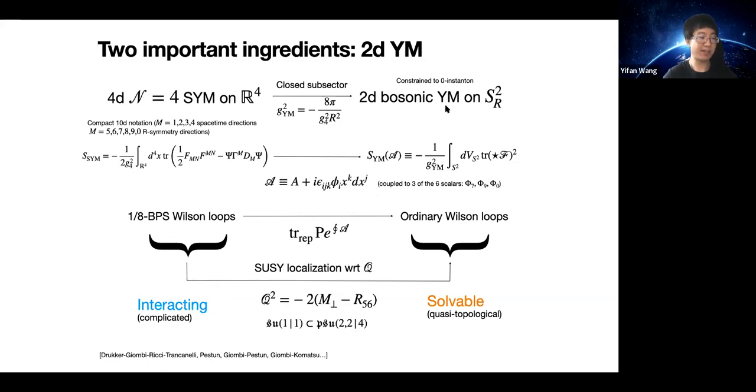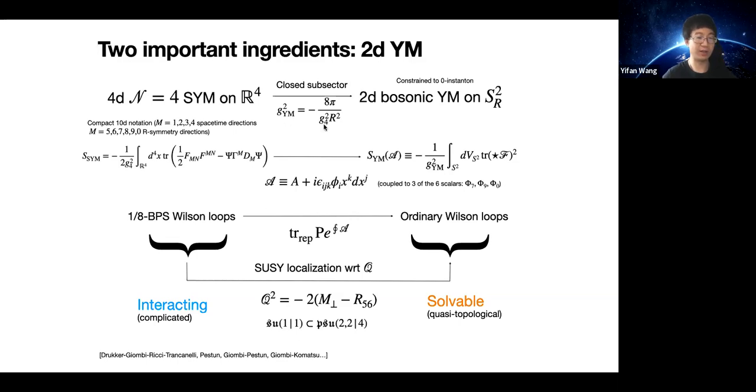I should also emphasize that the 2D Yang-Mills lives on the particular S2 of size R inside N=4 super Yang-Mills. This R is arbitrary, okay? But R enters into the relation between the 2D gauge coupling and the 4D gauge coupling. So, to avoid confusion, g_2D here means the 2D gauge coupling.